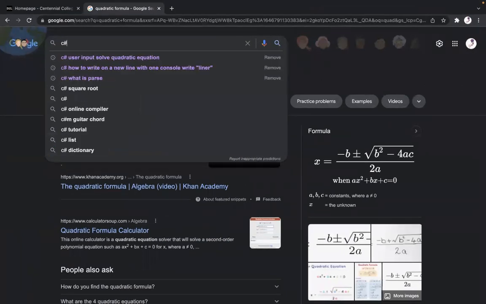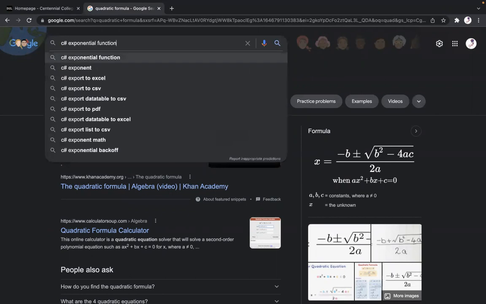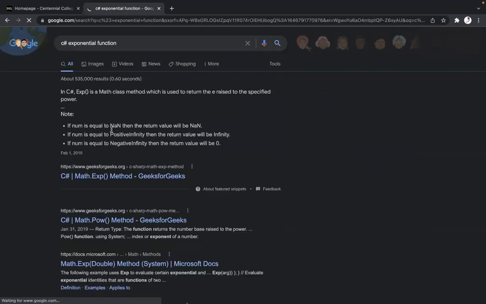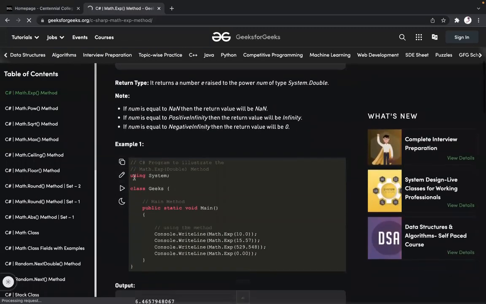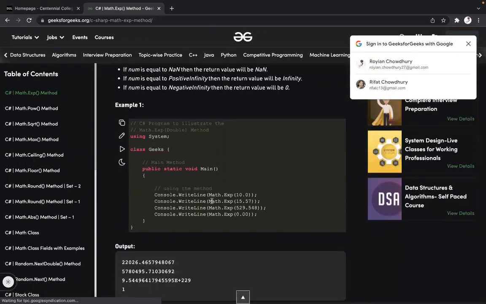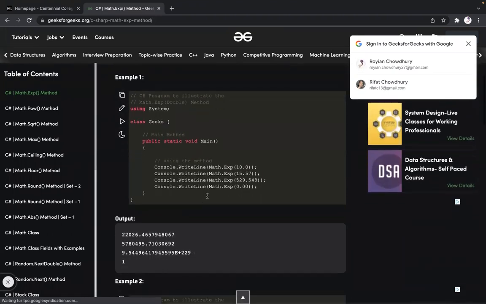So we can just Google how to put exponents in C#. Exponential functions. So this is in C#, a Math class method, which is used to return e raised to the specific power. So this is what they're talking about.